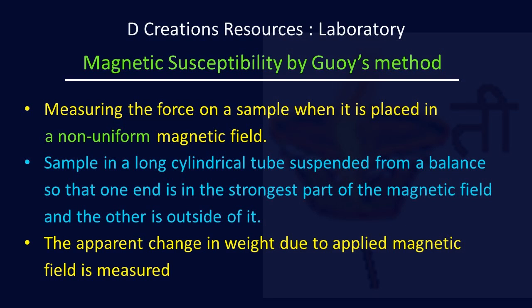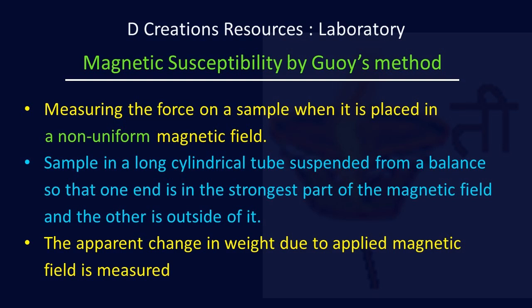Now in this experiment, if you have MnSO4, manganese sulfate, as the sample, it is paramagnetic, and the capillary that you are using for filling this sample is made up of glass, which is diamagnetic. So what is going to be the experimental setup? Well, it would need a strong electromagnet which is designed to produce a very strong magnetic field that is highly non-uniform.